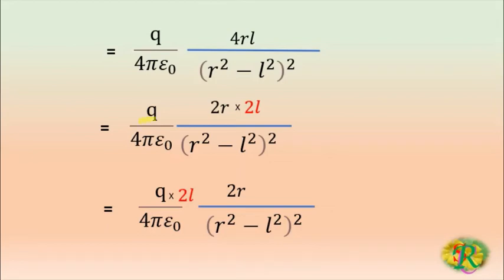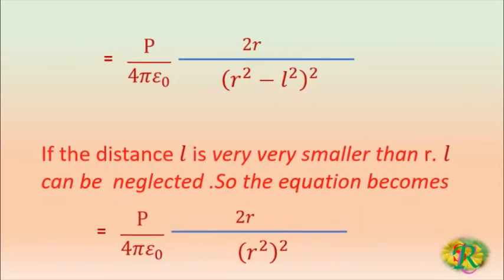Q into 2L can be taken together, and it becomes P by 4 pi epsilon 0 into 2r by (r square minus L square) the whole square.